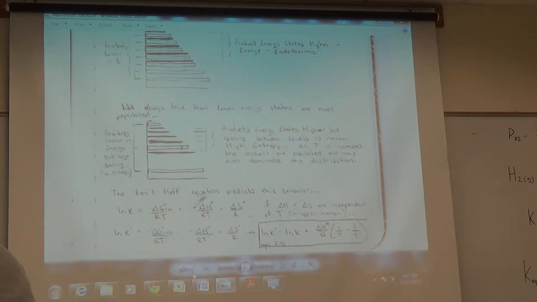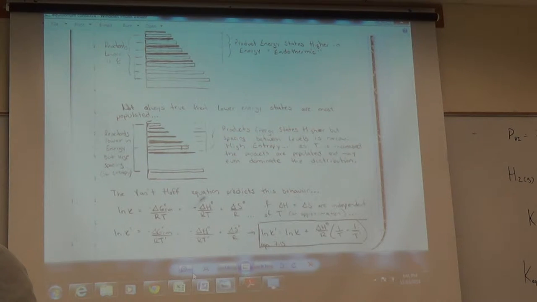Simplifying, this just ends up being the mole fraction of HI squared over the mole fraction of H2 times pressure total. We get pressure total squared in the numerator. We get 1 factor of pressure total in the denominator. So overall, we've got just pressure total to the first power in our answer.